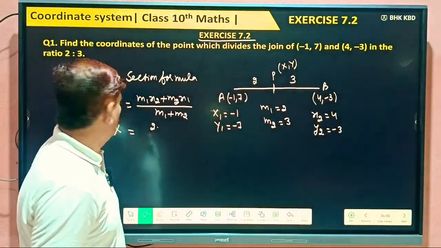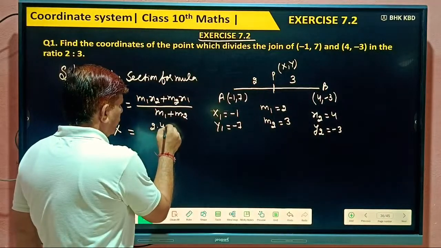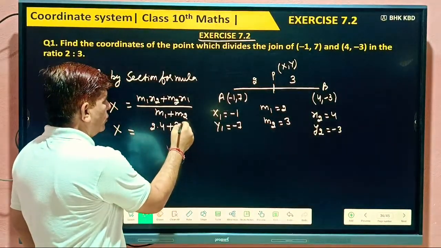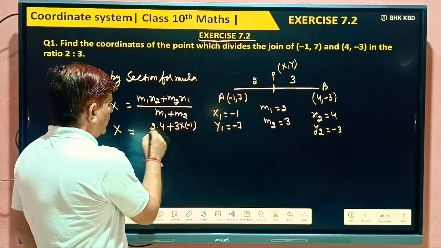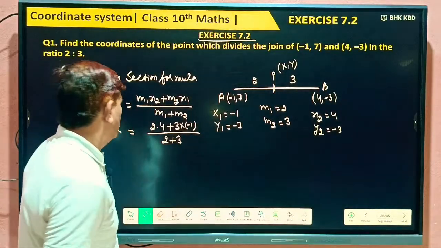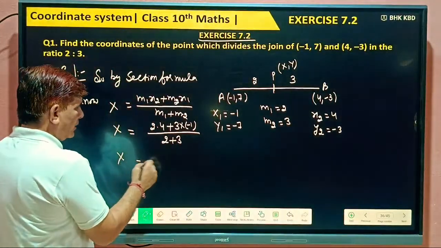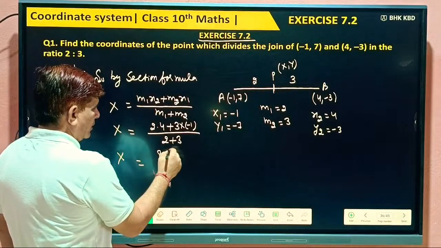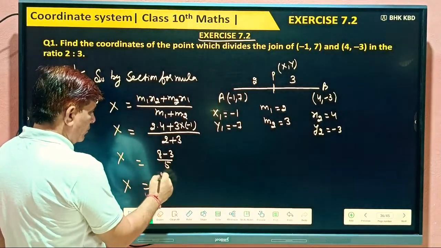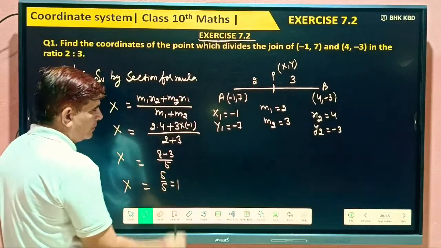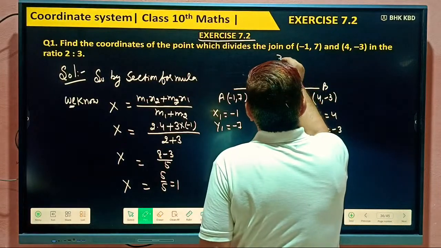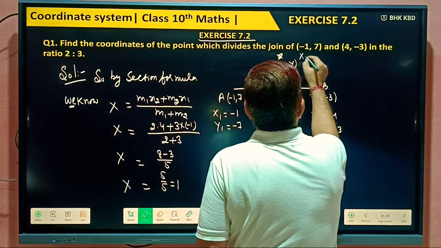What's x2? 4. 2 into 4 plus m2 3 into x1 -1, divided by 2 plus 3. So find out x is equal to 8 minus 3 by 5. So what's x? 5 by 5 is equal to 1. So here we can say this x is equal to 1.